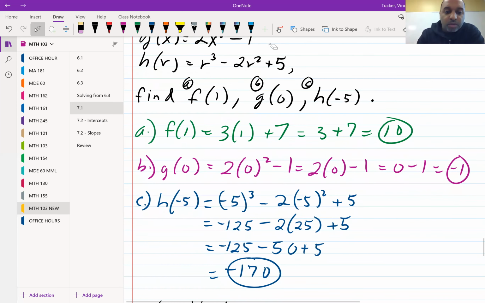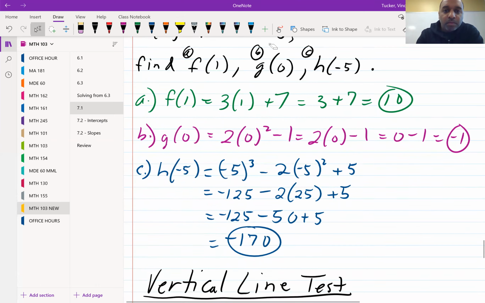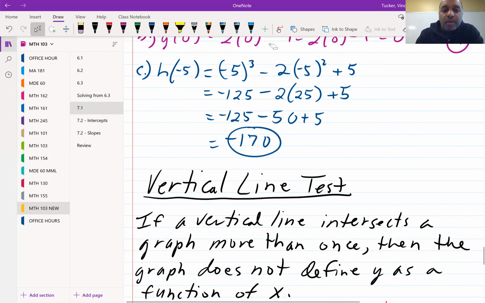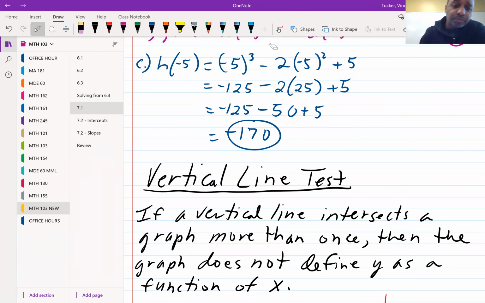All right, anybody holding on to it? All right, one last thing out of this section, the vertical line test. If a vertical line intersects the graph more than once, then the graph does not define y as a function of x.